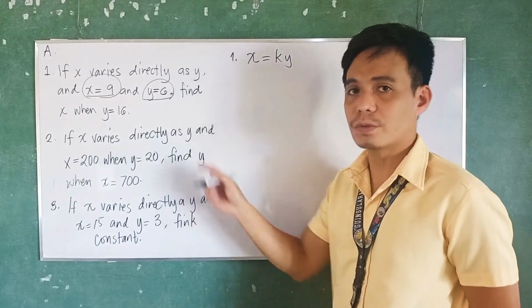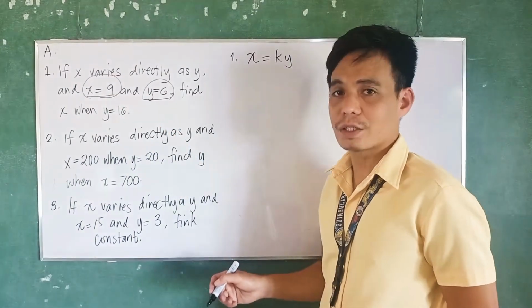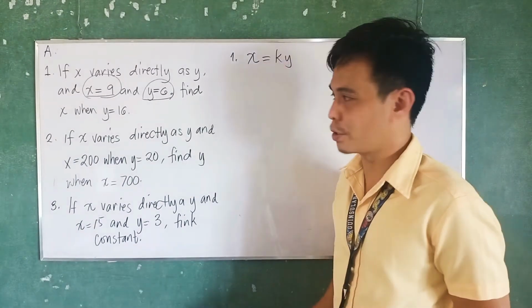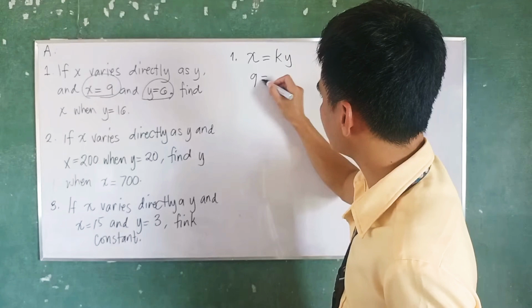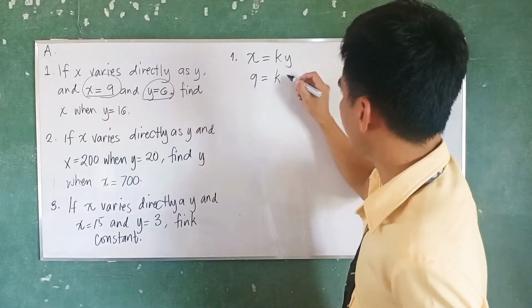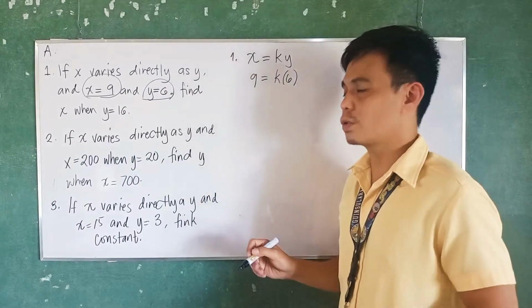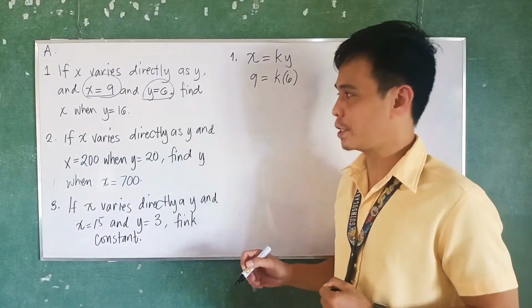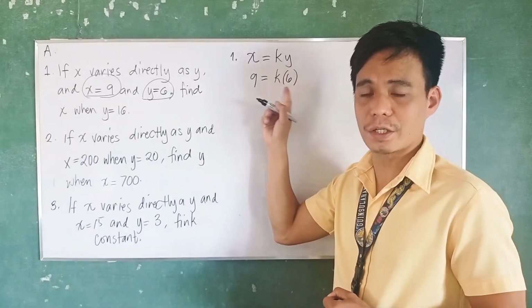So yung unang dalawang binigay dyan, yung gagawin natin is we have to substitute. So x is 9, equal to k, times y, which is 6. Okay? So, first thing to do is we have to compute for the value of k, or your constant.